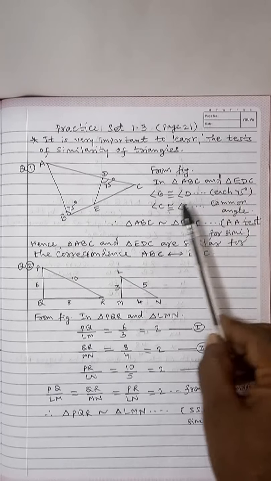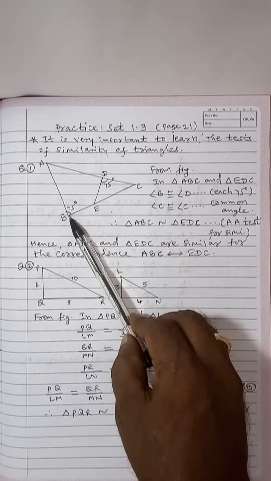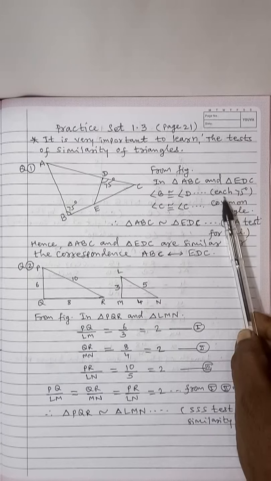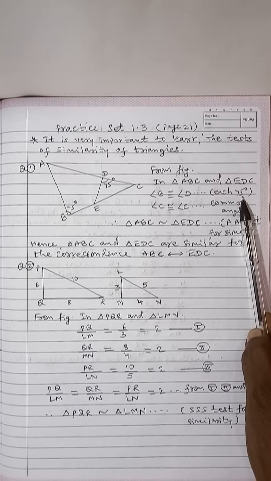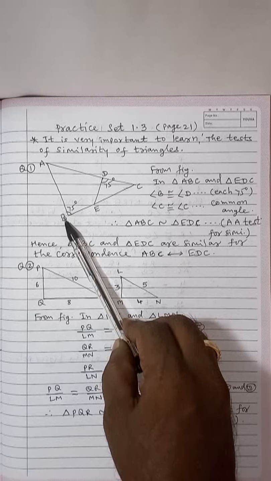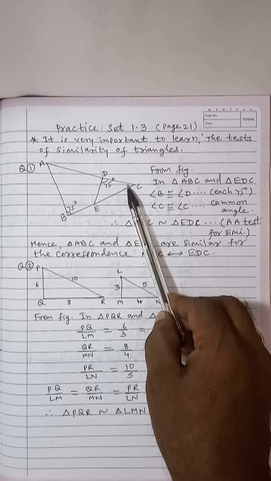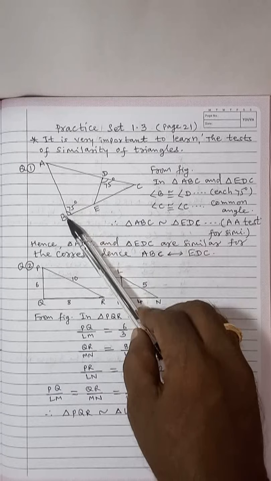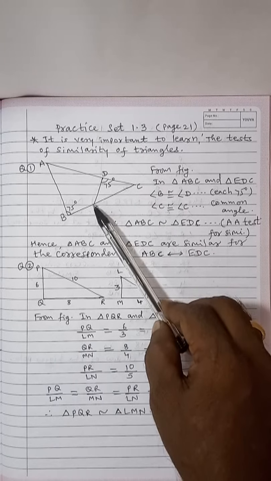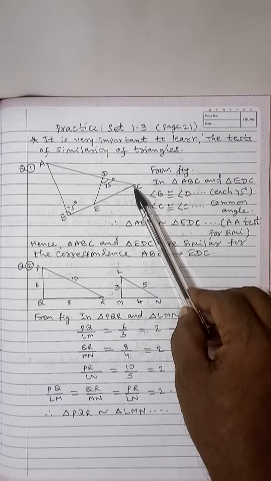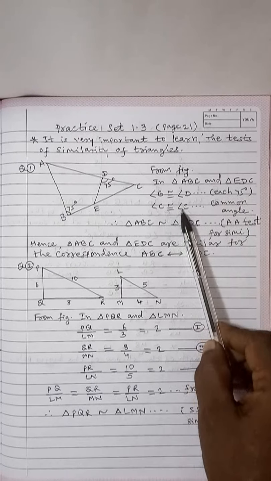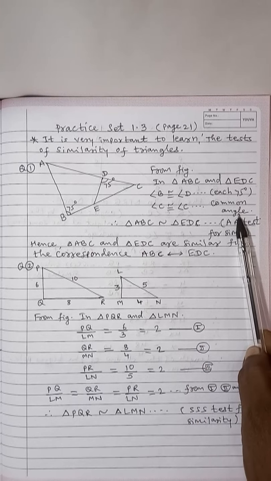Angle B is congruent to angle D, reason: each is 75 degrees, as given. Then angle C is the angle of the big triangle ABC and also of EDC, so angle C is congruent to angle C, reason: common angle.